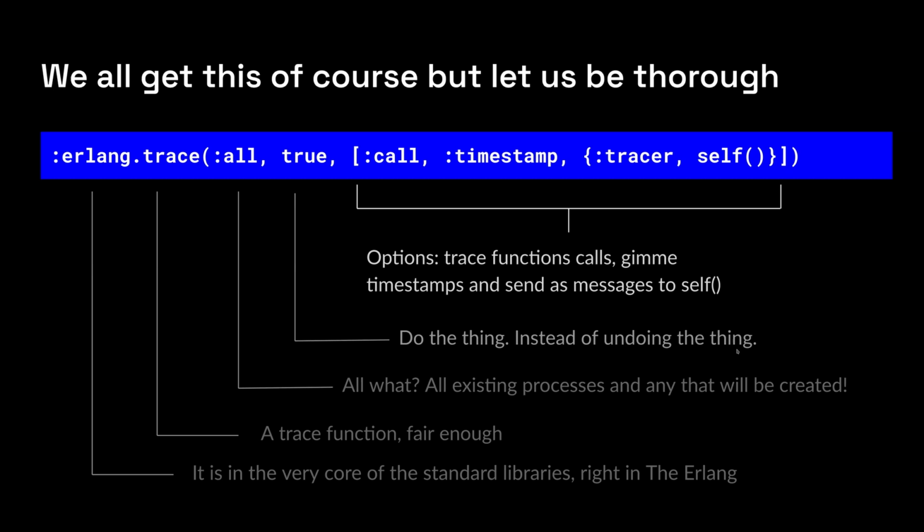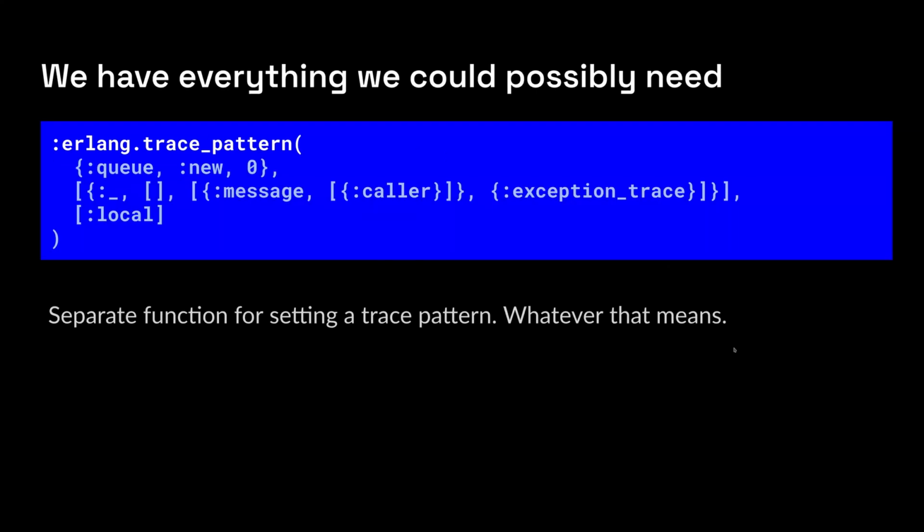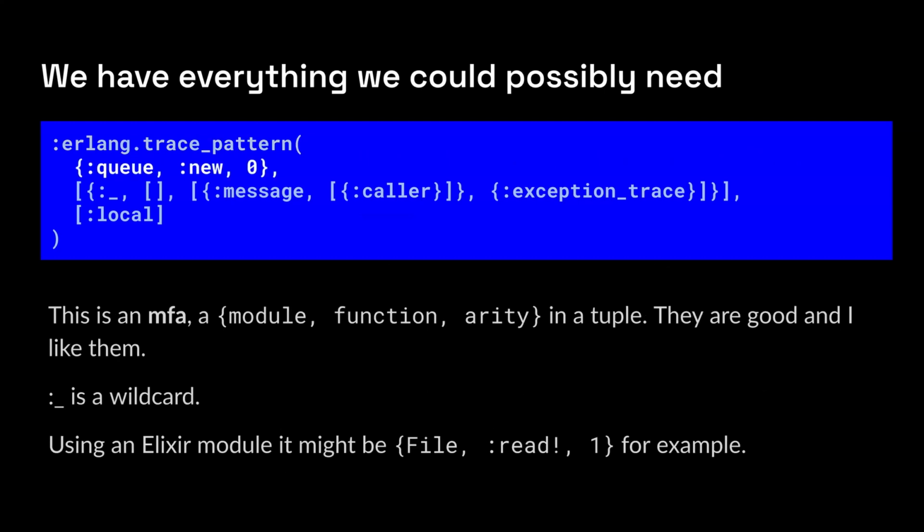So this is perhaps not what I consider the most obvious API, but this is only half of it. The next step is to call trace pattern and give it a module function and arity tuple. These are called MFAs if you haven't run into them. And I like MFAs. They are a pretty good way of specifying module, function, and arity.